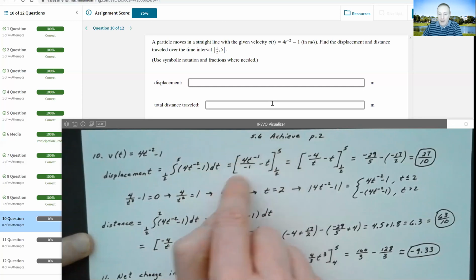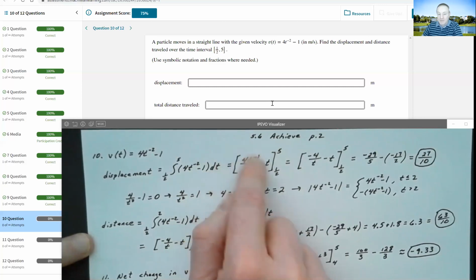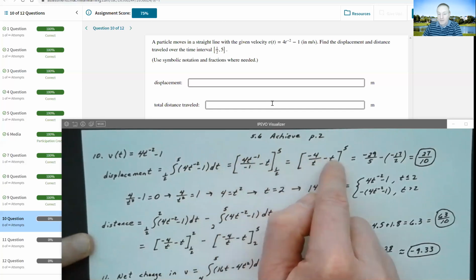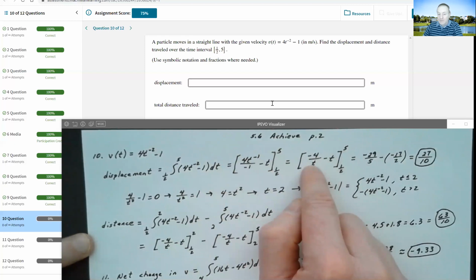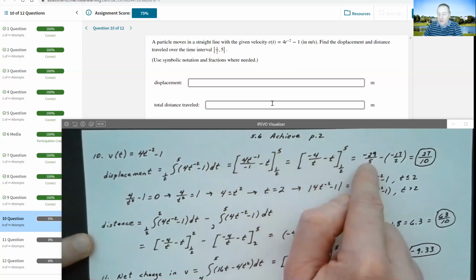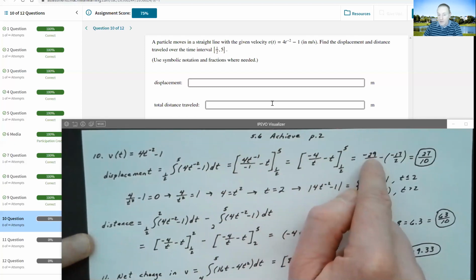Evaluating that between 1/2 and 5. Before I evaluated, I wanted to simplify that function to make it look better. This is the same thing as negative 4 over t minus t. Now, when I plug a 5 into that, I get negative 4/5 minus 5, which gave me negative 29 over 5. You always subtract the lower limit.